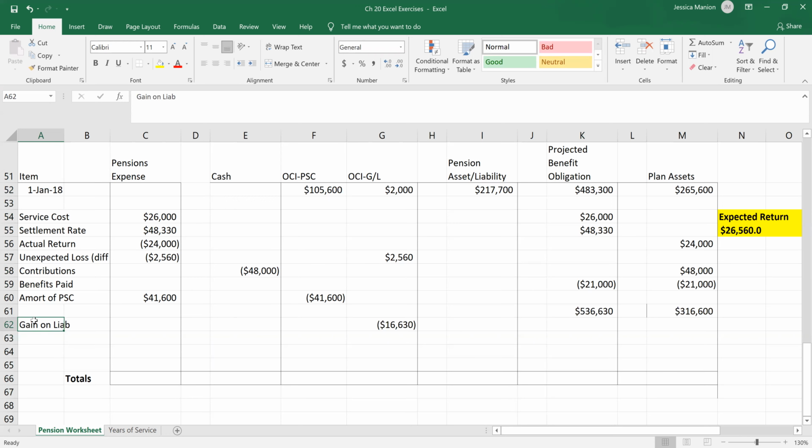And then also we need to calculate the difference between these two now. So remember the pension liability was 217,700. Now it has decreased because our projected benefit obligation is going to decrease as well. So this gain on the liability is going to decrease other comprehensive income.